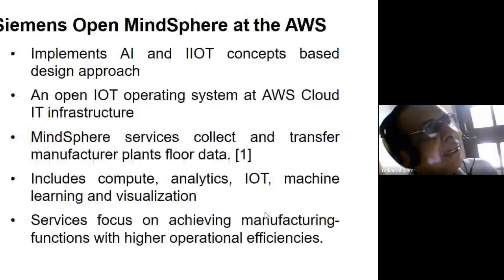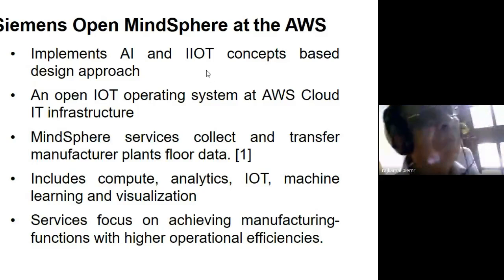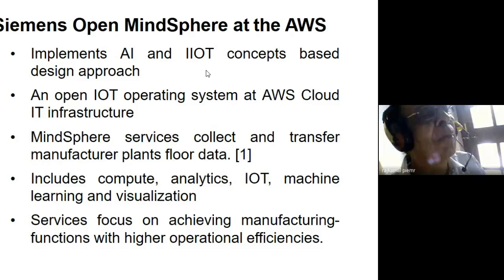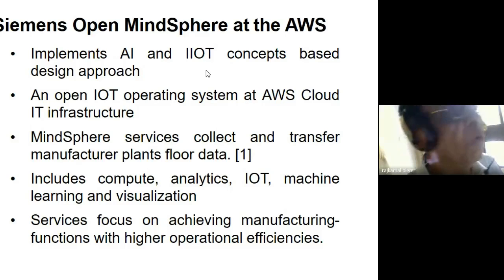Now one is Siemens. Siemens developed a software, and they have put it on the AWS. So you don't have to spend money on the MindSphere software, but you have to spend money for the cost of using the AWS EC2 or AWS S3, Amazon Web Services.